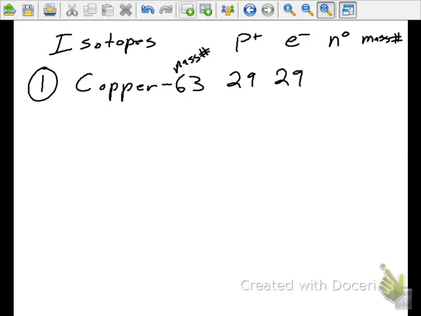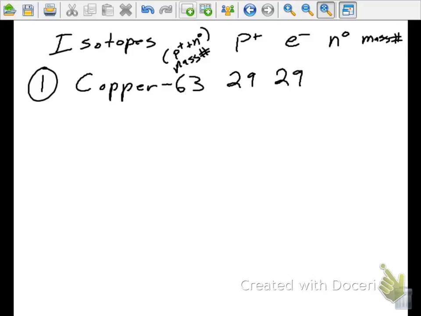So if it's 63, I can relate it to another isotope. If that other isotope has a bigger number, it has a bigger mass, and if it has a lesser number, it has a lower mass. So we know that protons plus neutrons is the mass number.